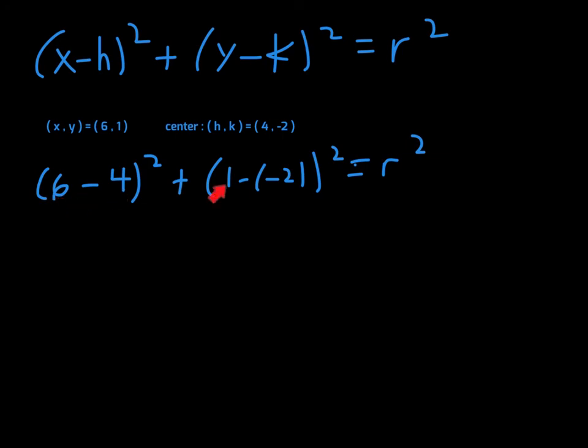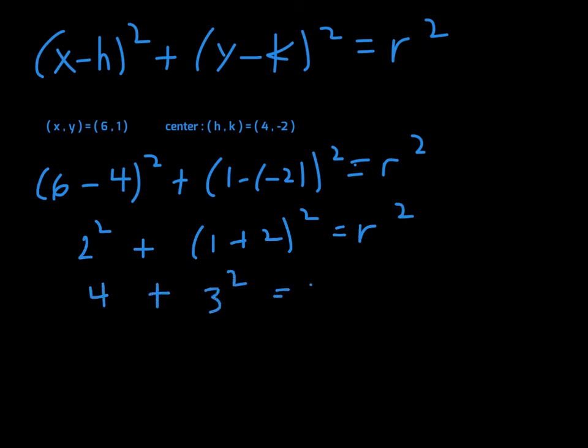This is y minus k. All right, cool. Now let's solve for r squared. So then this is 2 squared plus 1 plus 2 squared is equal to r squared. So then this is 4 plus 3 squared is equal to r squared. 4 plus 9 is equal to r squared.